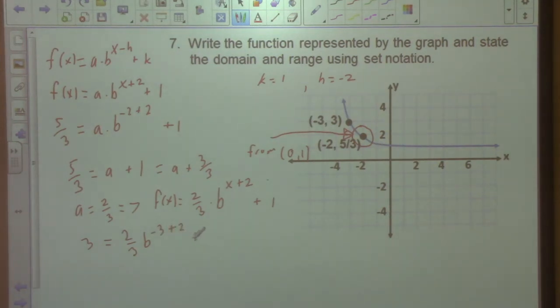And then put plus 1 over here. What now? How about subtract the 1, right? If we subtract the 1, we get 2 is equal to 2 over 3 times b to the -1 power.